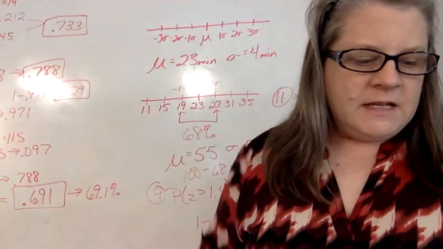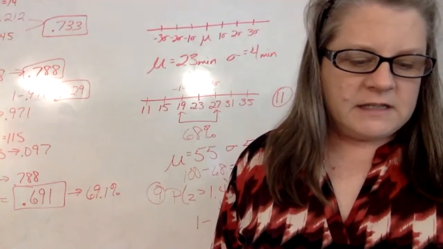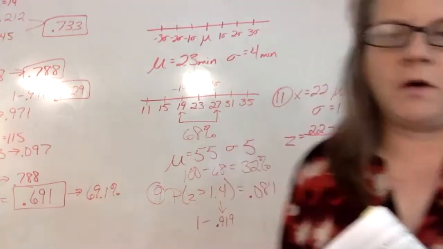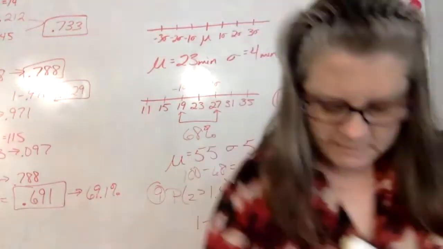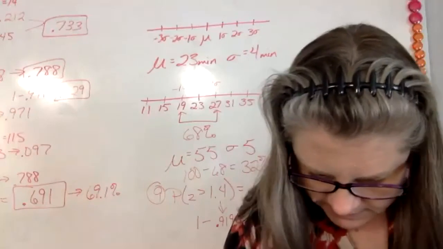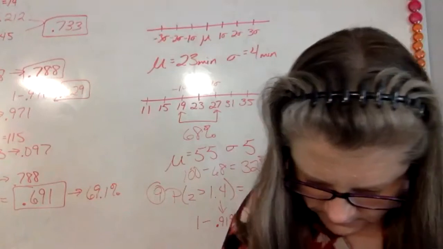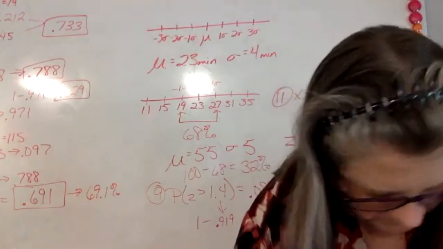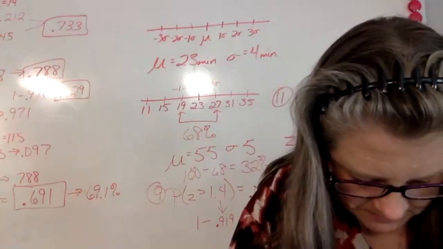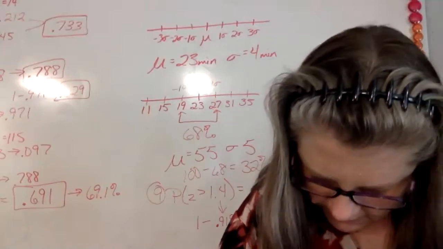The central limit theorem states that the mean of the sample averages is equal to the mean of individual values. True or false? I heard a false. Anybody else have a guess? The central limit theorem states that the mean of the sample averages is equal to the mean of individual values.